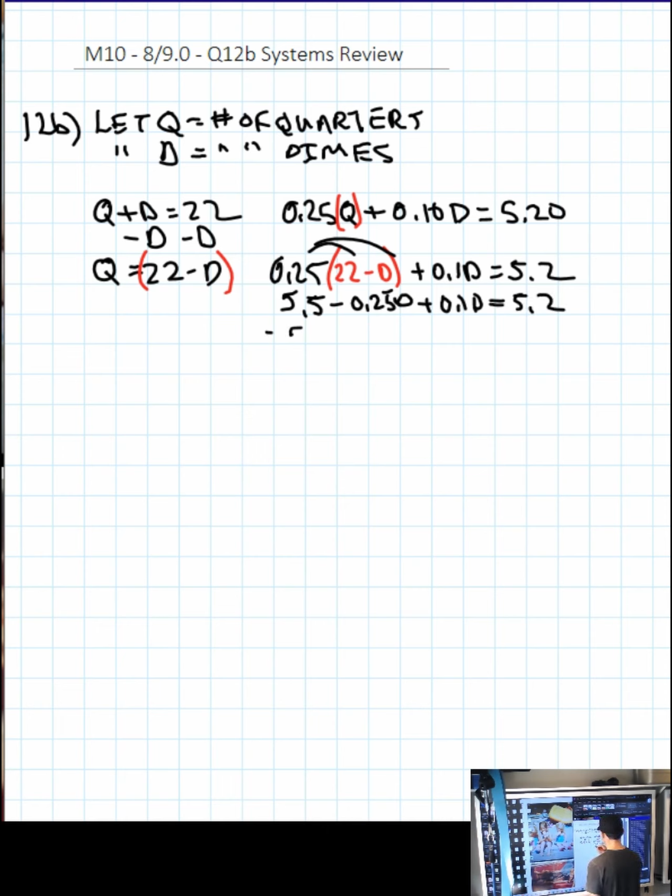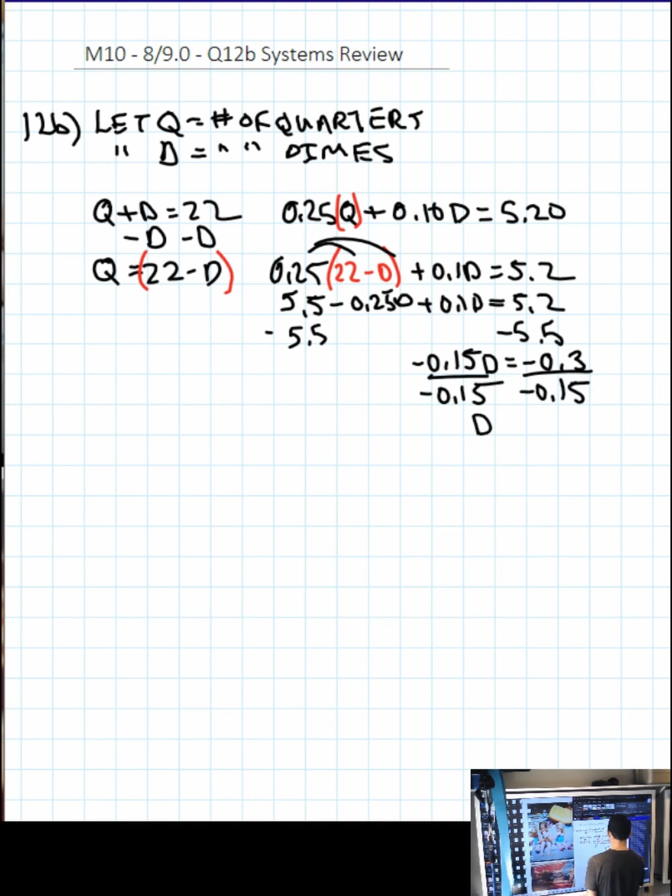If we subtract 5.5 from both sides, on the left-hand side, 5.5 minus 5.5 is 0. Negative 0.25D plus 0.1D is simply negative 0.15D. D equals 5.2 minus 5.5 is negative 0.3. And then we can divide both sides by negative 0.15.